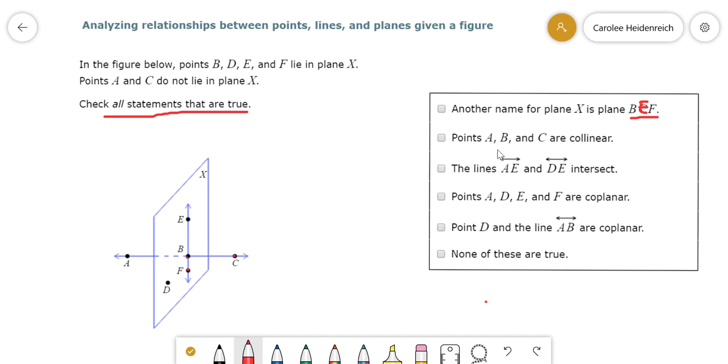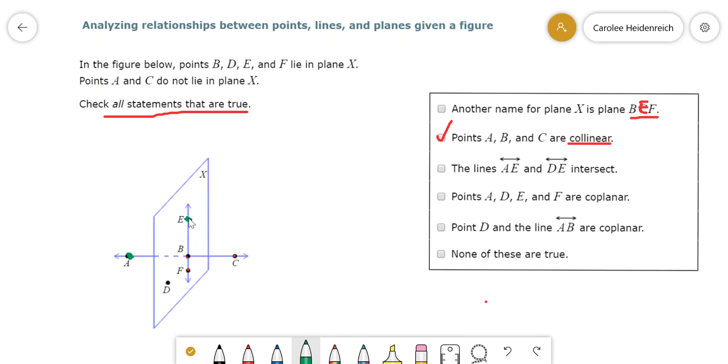Now let's look at points A, B, and C. Are those collinear? Yes, they are. They all lie on the same line. That's what collinear means. Another thing I want to bring up about collinear points is that any 2 points are collinear. If they had asked, are points A and E collinear?